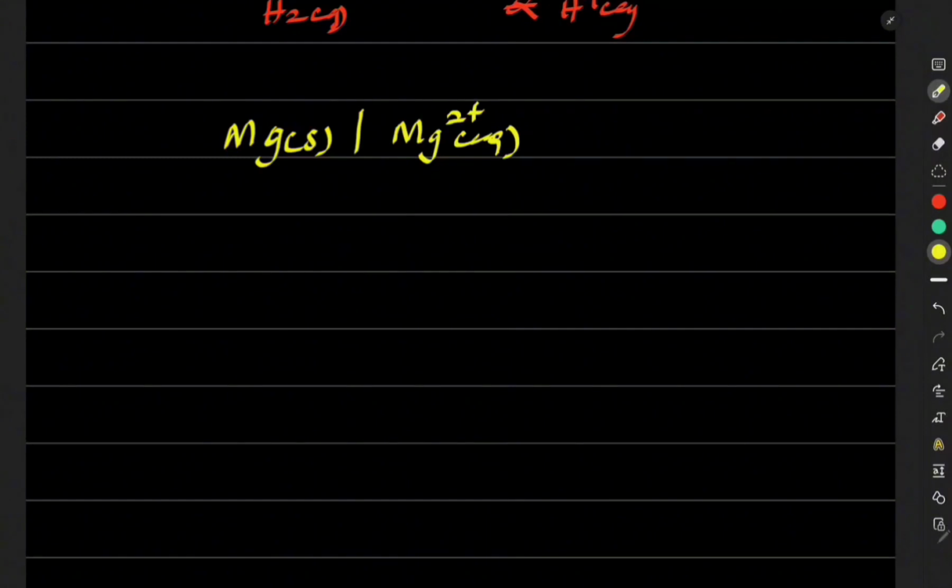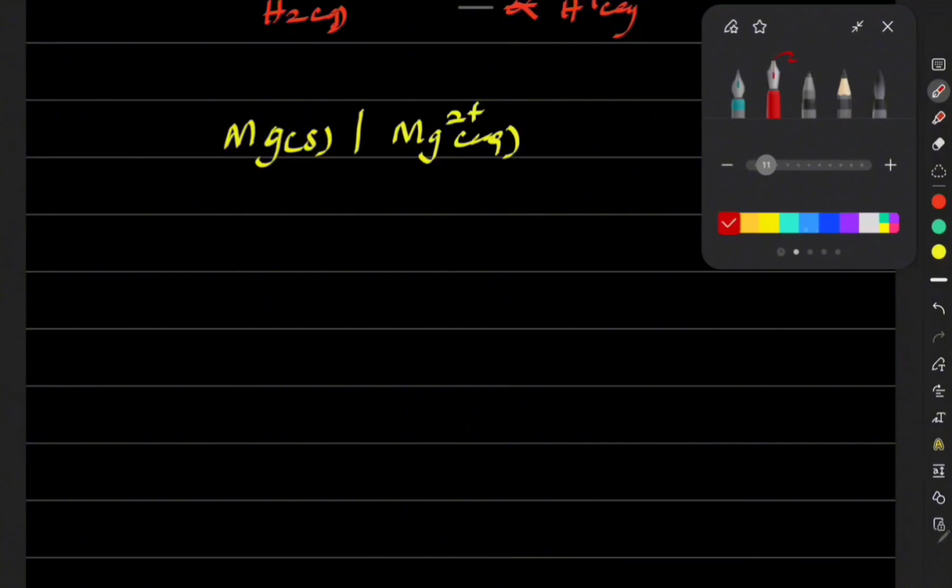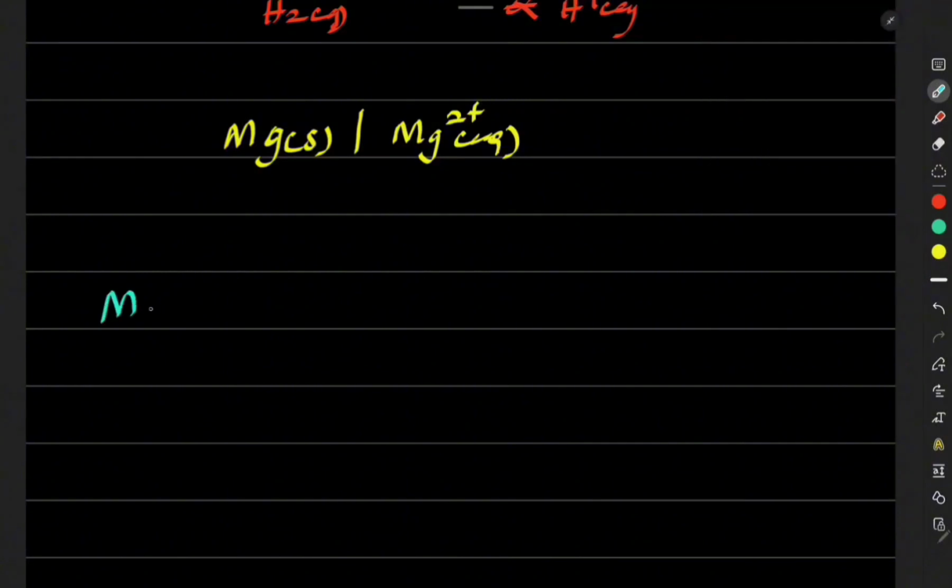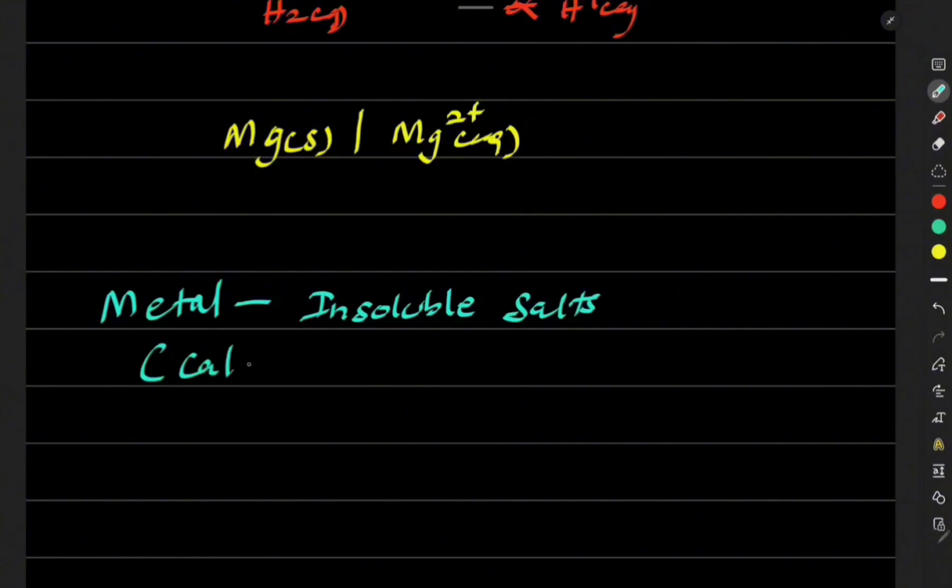And the next part we're going to look at is metal insoluble salt electrodes. There are two electrodes, the calomel electrode and the silver chloride electrode.